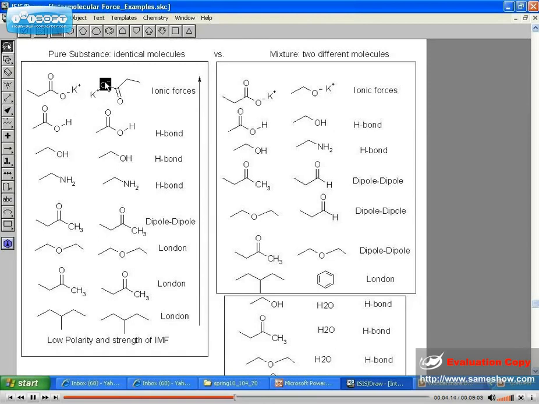I try to give you examples of functional groups with small hydrocarbons, so that the London forces that are left over aren't competing, and you have a dominant intermolecular force. So in this case, the dominant intermolecular force is due to ionic forces. This is actually found in carboxylic acid salt molecules, and we'll talk about those later on. Right now I'll just give you the sketch.